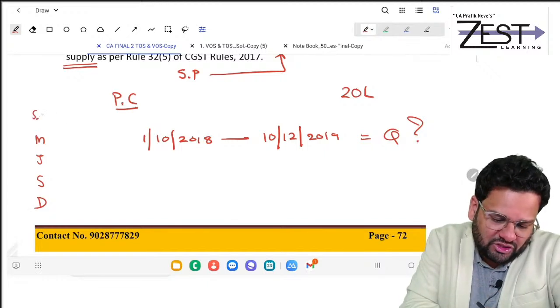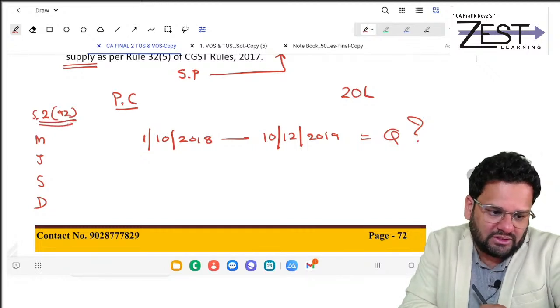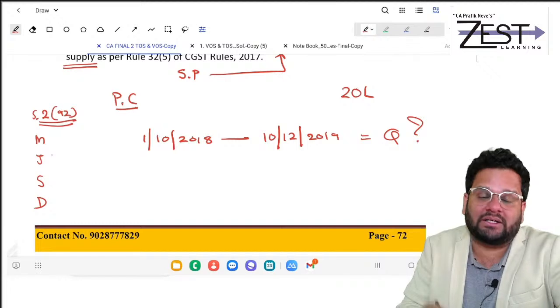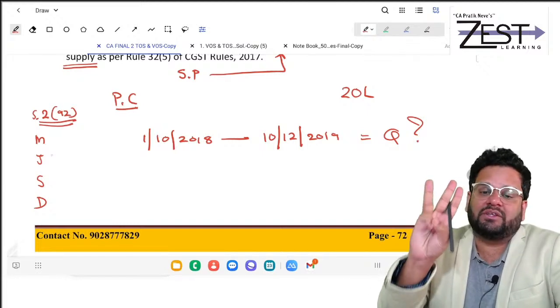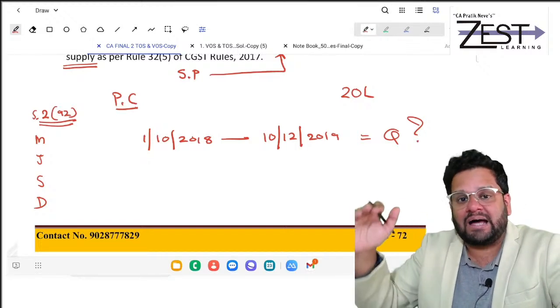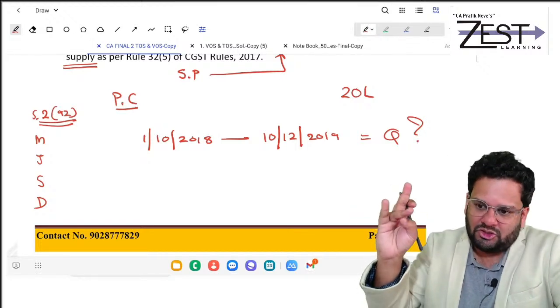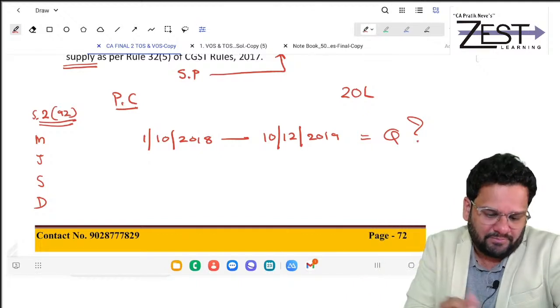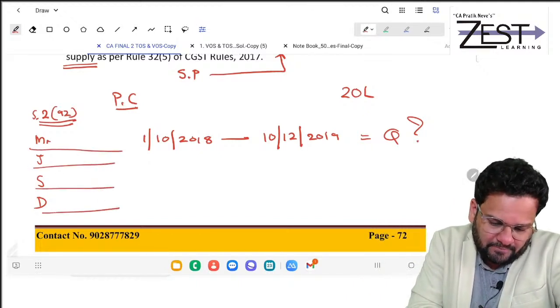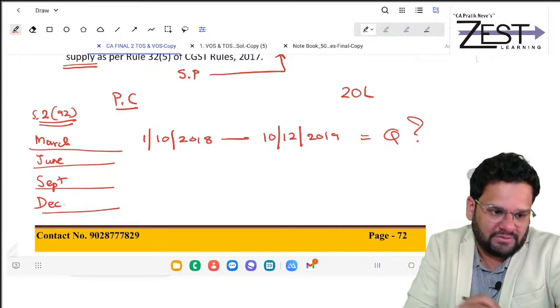This is the definition of quarter given in section 2 clause 92. Quarter means consecutive 3 months in a calendar year ending on the last day of March, June, September and December. Are you getting it? March, June, September, December.